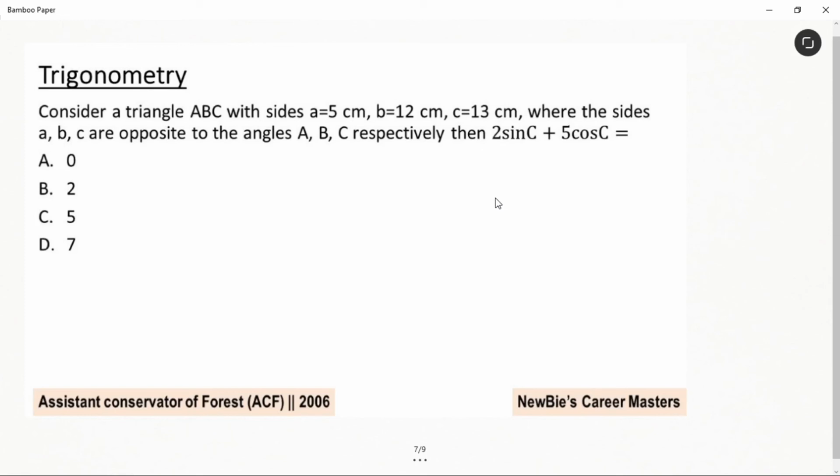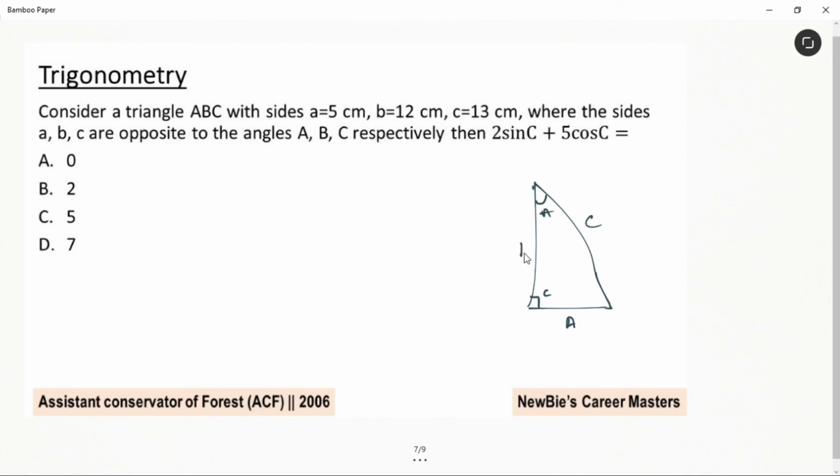Very simple. Let's write the triangle here. If I take C here, the opposite side should be c. Am I clear? Then, if I take this side as a, the opposite angle should be A. That is what is given, where the sides a, b, c are opposite to the angles A, B, C respectively.